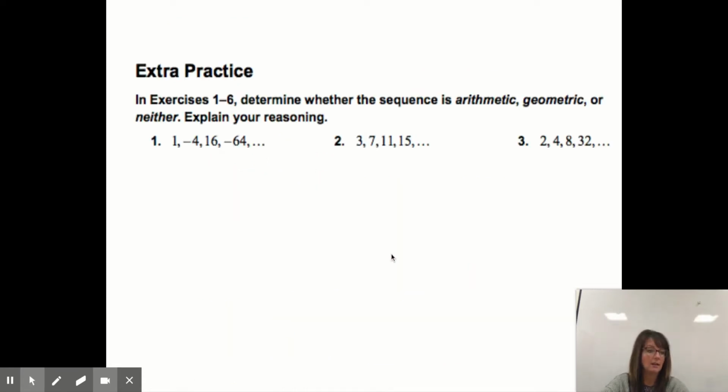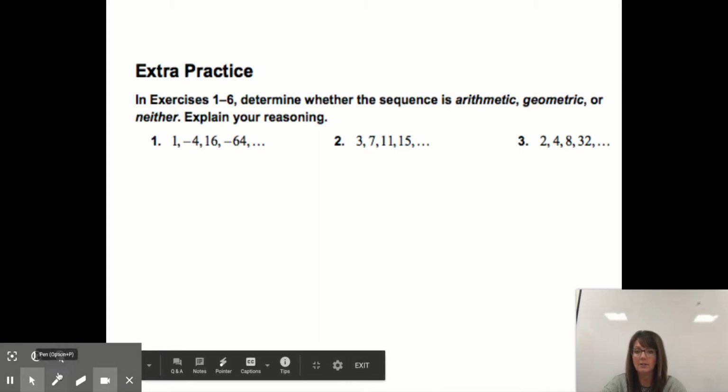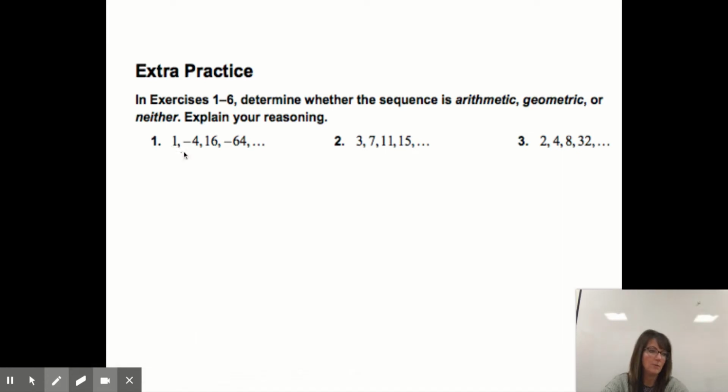All right, and we are on page 196 of your student journal. Determine whether the sequence is arithmetic, geometric, or neither. So again, I start to look at 1 to -4, so I take -4 divided by 1, right? And then I take 16 divided by -4, and then -64 divided by 16.